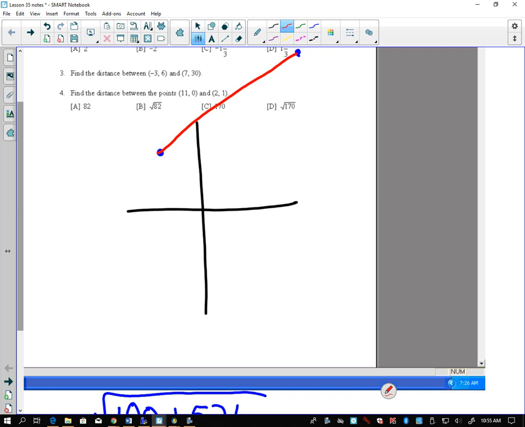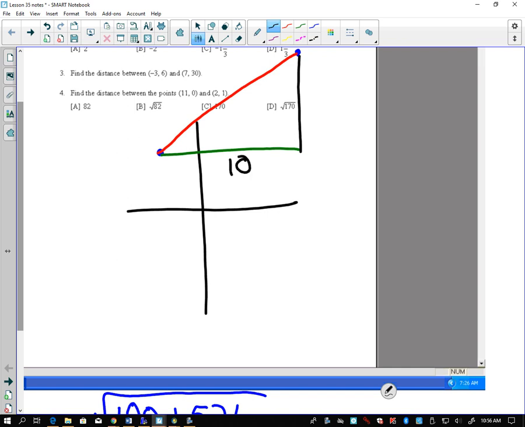The interesting thing is that the x distance is represented here, and the y distance is being represented here. So if I know the distances between the x coordinates and the distances between the y coordinates, I can use the Pythagorean theorem. So the distance between negative 3 and 7 is 10.